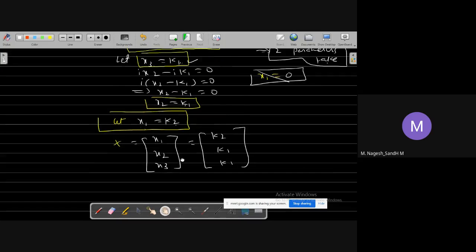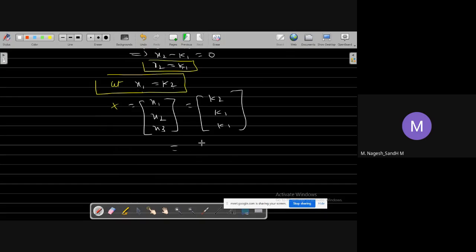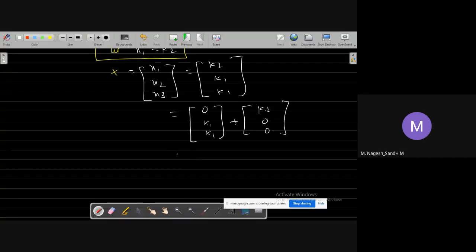Therefore, can I write like this separately? This one: 0, 1, 1 times k1, k1 plus k2, 0, 0. Check it. 0 plus k2, k2. k1 plus 0, k1. Can I write like this? Any objection? No, sir.